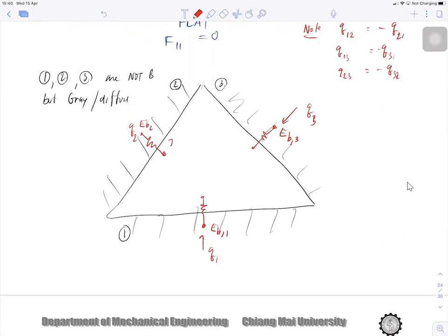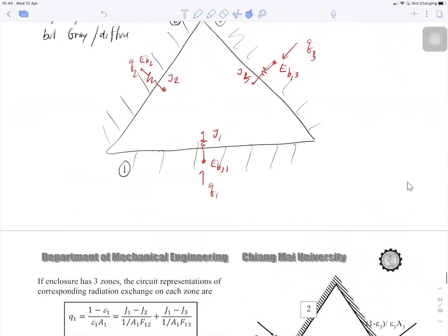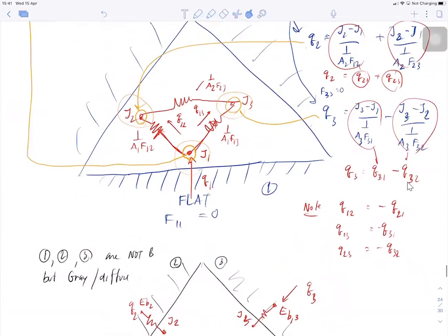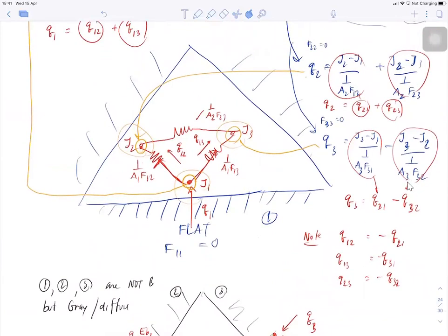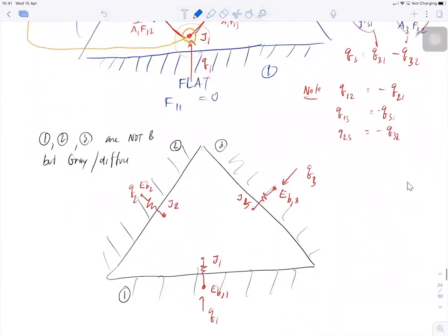And the nodes would be J2, and this is J1, J3. And after nodal analysis, our analysis is from the previous analysis, with J as a node of the nodal analysis around J. So it's going to have something like this.